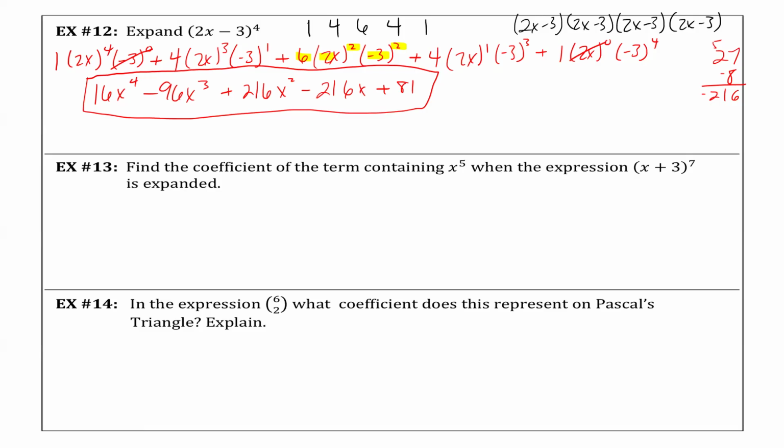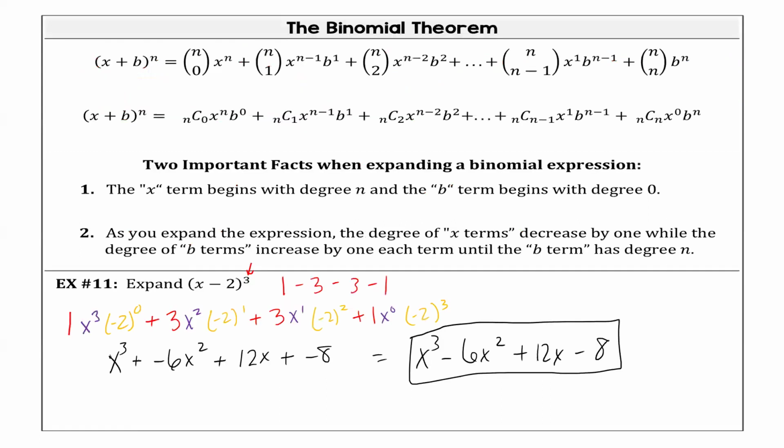All right, so what could we do? Well, let's go look at the binomial theorem. Do y'all see this little binomial theorem up here? This would be our way of figuring out without having to do all of them. Does that make sense? But we would need to know where we're at.